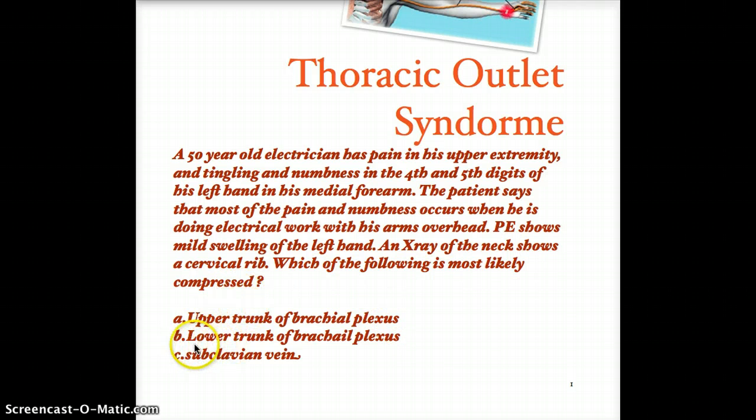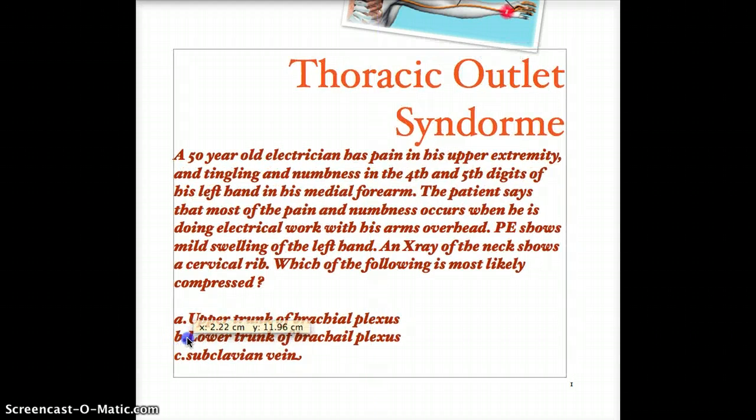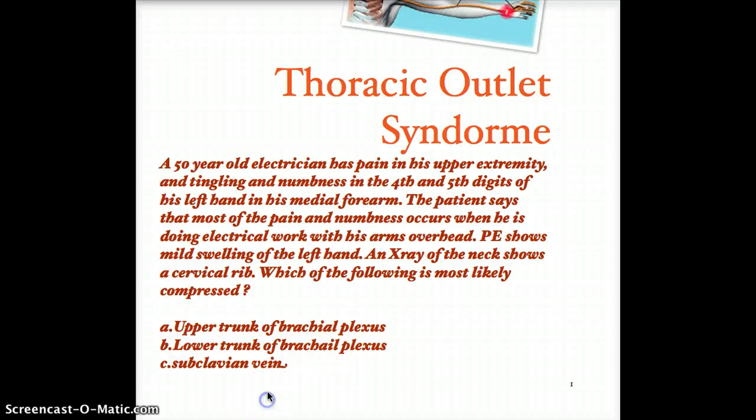The most likely to be compressed is our lower trunk of the brachial plexus. Subclavian vein, no, that is not the most likely. Even though, like I mentioned, subclavian vein can be affected, usually it's the subclavian artery after the lower trunk of brachial plexus. So in this case, the answer is the lower trunk of brachial plexus.